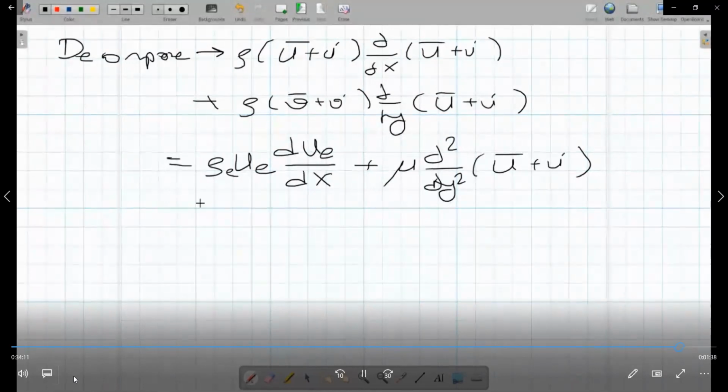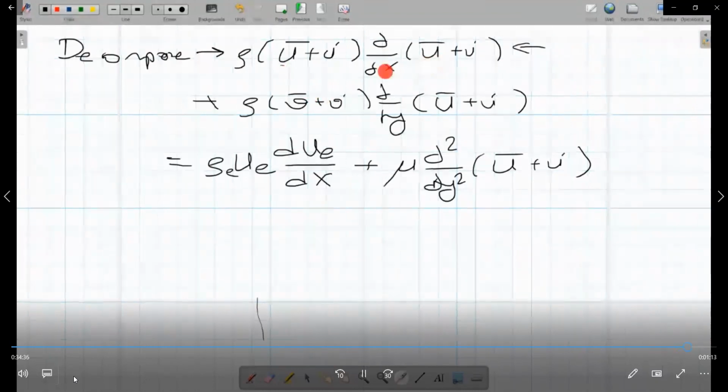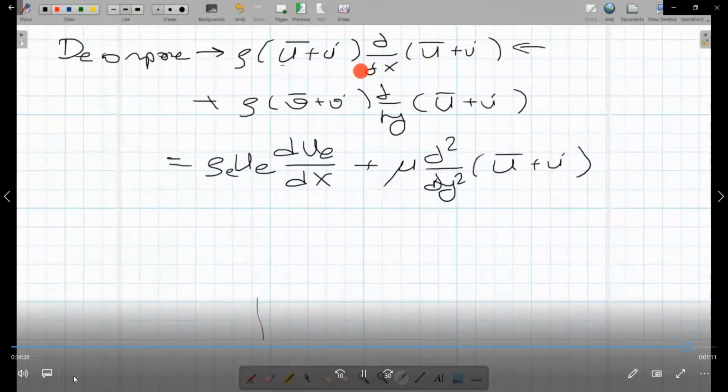Of course, you can see that this equation has many terms. For example, this one actually is 4 terms, right? So u bar du bar dx, u prime du bar dx, and u bar du prime dx, and u prime du prime dx.